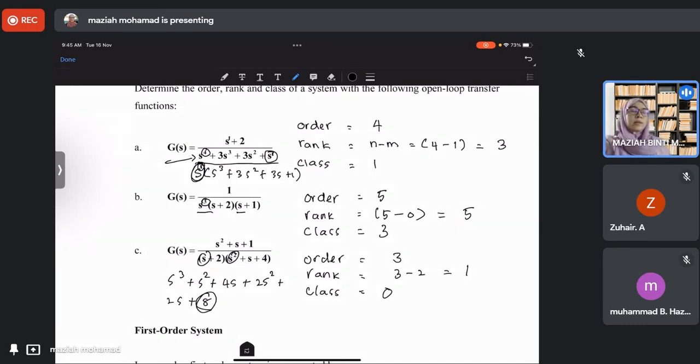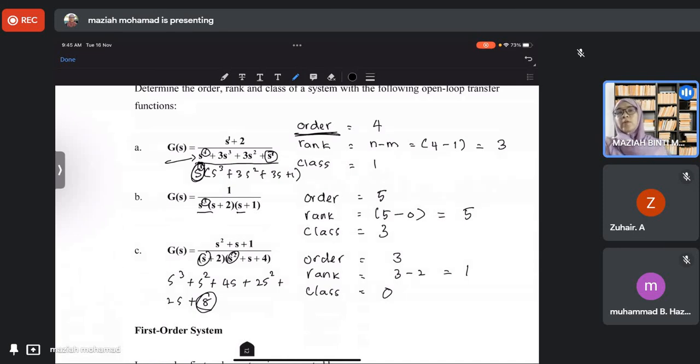A common classification that we use is based on order. In control system, we're going to discuss first order and second order systems. If you learn in instrumentation, you also learn about zero order, first order and second order sensor instruments.